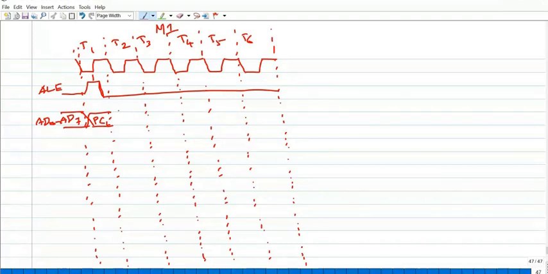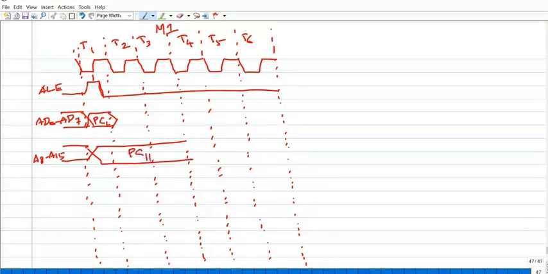A8 to A15 are dedicated for holding addresses only, so these lines hold the address of PCH. During T1 only, AD0 to AD7 holds the address.